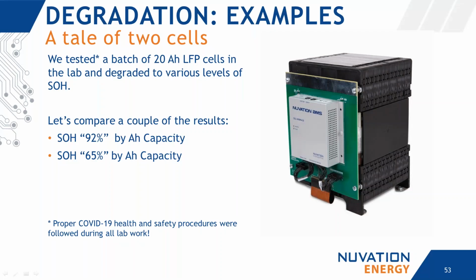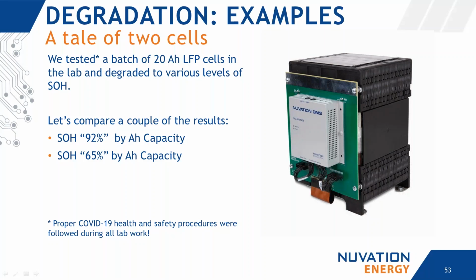So we like doing experiments. We took a bunch of LFP cells into the lab. We found some eager PhD students and co-op students, and we ran a bunch of experiments. And these experiments were on some 20 amp hour LFP cells, and they had been degraded through a number of different mechanisms, but largely accelerated aging type techniques.